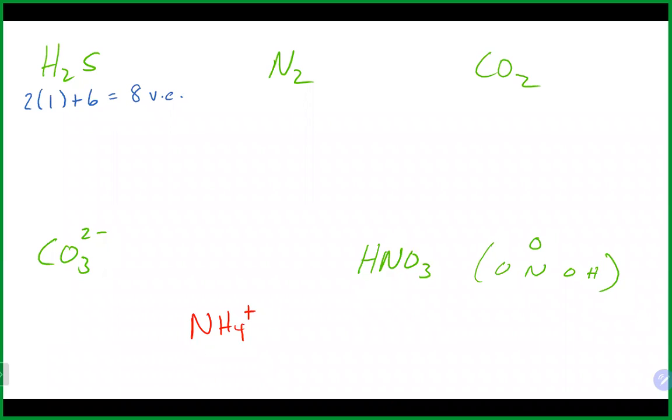Once again, we know hydrogen should never be in the middle, so it's going to be sulfur in the middle, our hydrogens on either side. At this point, we're just going to connect it with one single bond, which I'm going to represent with a line. So that is 4 electrons that have been used, and obviously we subtract 4 from 8. We're left with 4 leftover electrons.